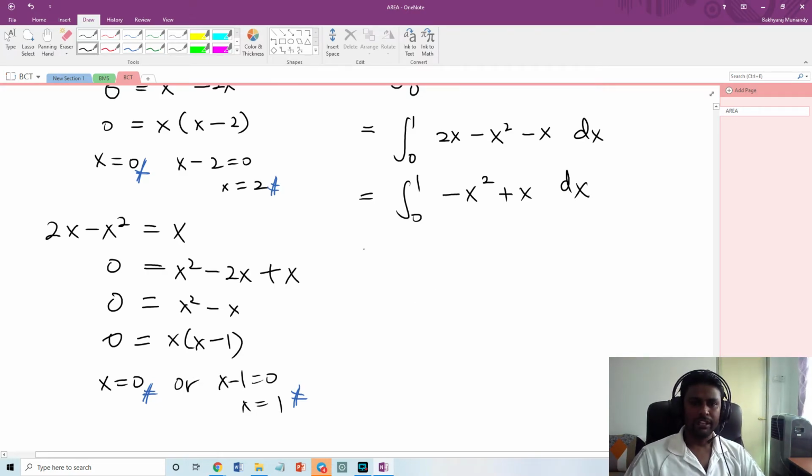Come. We go for the integration. Equal, integral. Okay, negative x power of 3 over 3 plus x power of 2, correct, 0, 1.